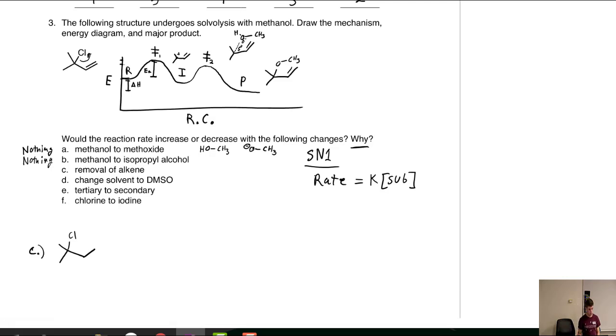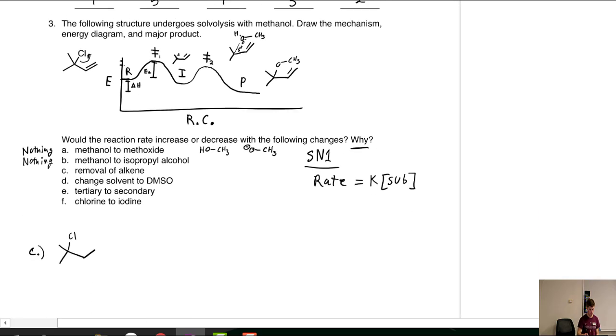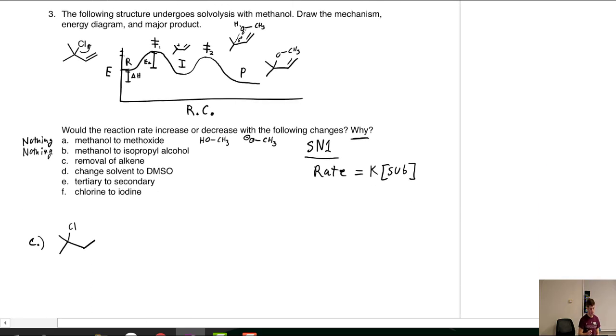The rate would decrease, yes, because we just made our leaving group worse because we took away the resonance. Just like we said up here in this example. For that reason, we took away the resonance, and that would affect the type of substrate, and that does occur in our rate law. And since it's a worse leaving group now, it's going to be less likely to leave and thus slow down our rate.